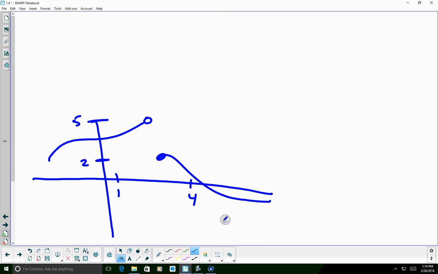Even though I go from 5 here to 2 here, because I'm discontinuous in this interval, I have this break in this interval, I'm not hitting all those values in there. That's why the first thing you have to do with the intermediate value theorem is make sure that your function is continuous before you can apply it. Because in this particular graph, I'm not going to hit any values between 2 and 5. They're just not going to happen because I have that break in the graph.